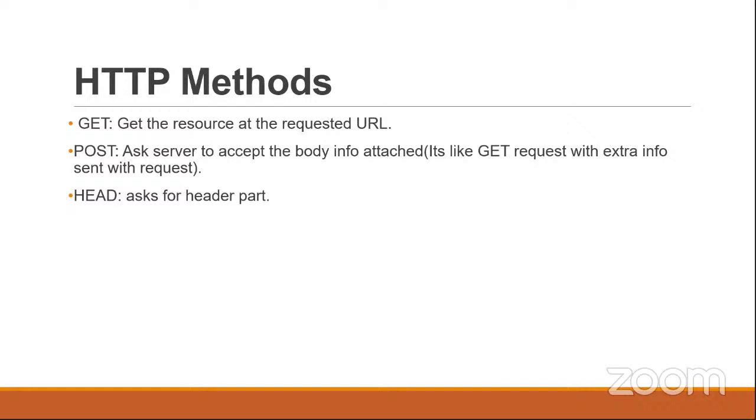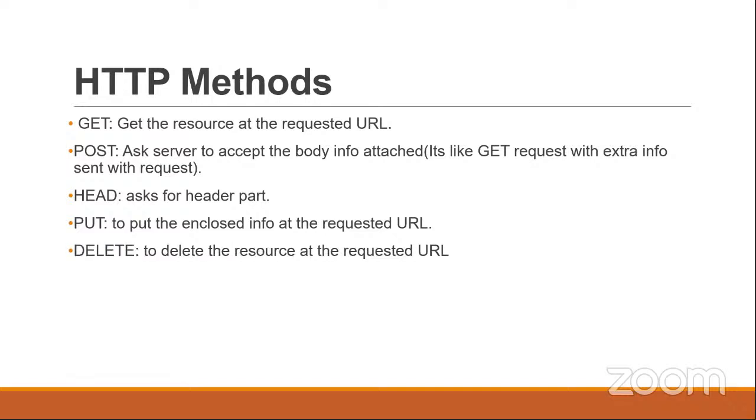Basically the head method is for getting the header part, the header information. And we have the put method. Basically the put method is used for enclosing information at the requested URL. And we have delete. Basically, if we want to delete any resource, we can use this delete method.